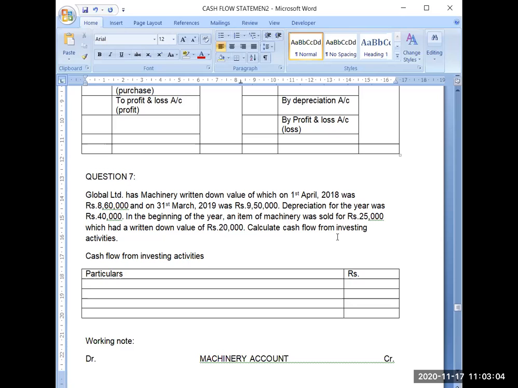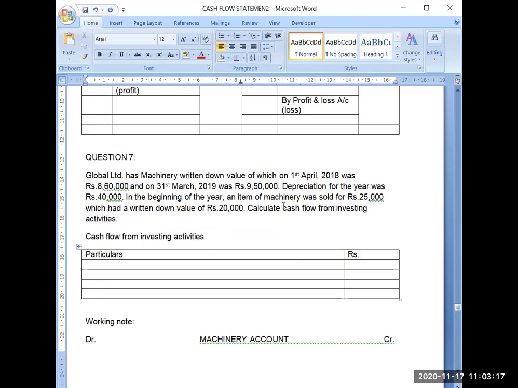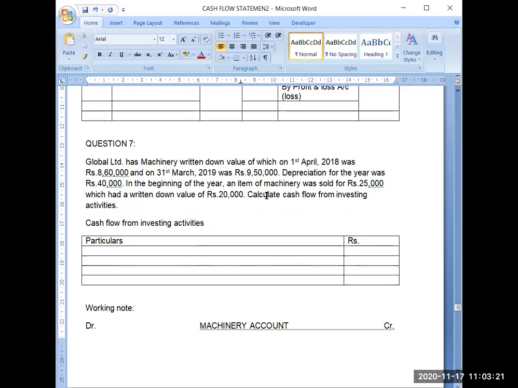Global Limited has machinery whose written down value on 1st April 2018 was rupees 8,60,000. Now this is the opening balance given. So you should know how we write the opening balances. This is the opening balance given, 8,60,000, and this is the closing balance, 9,50,000.